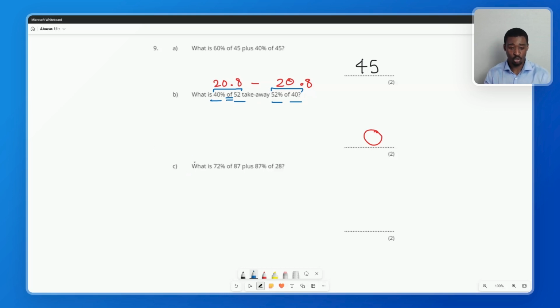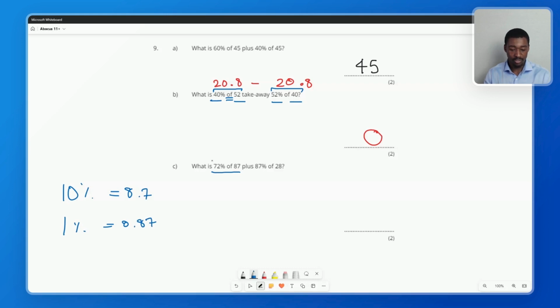But for now, let's move on to C. So for C, we have 72% of 87 plus 87% of 28. So for this first one, let's again use standard percentages. This time I'm going to start with 10%, which is 8.7, and then 1%, which is 0.87.